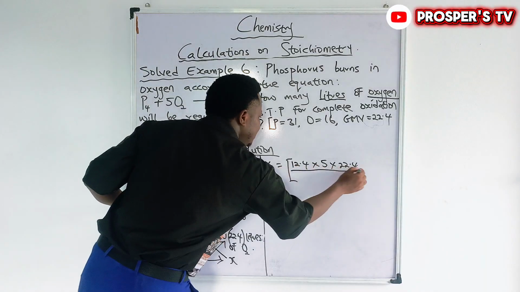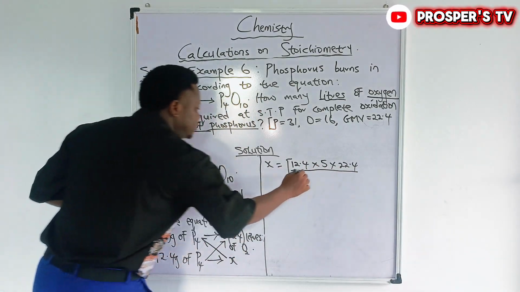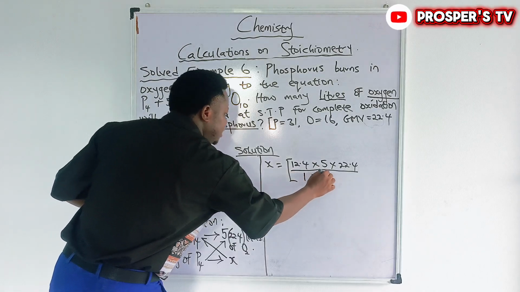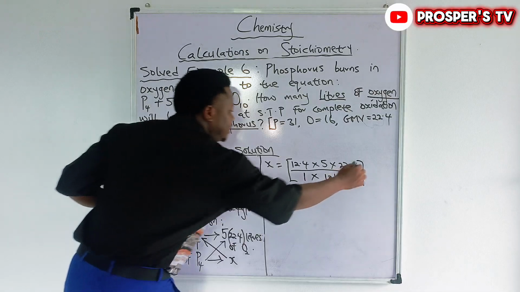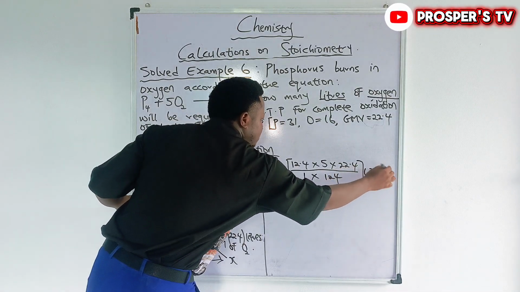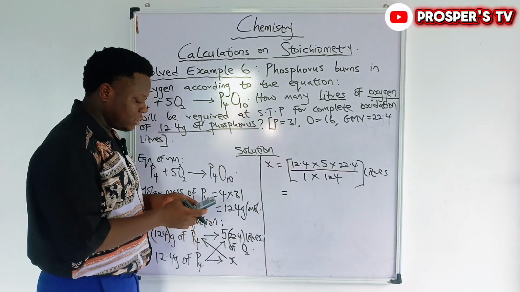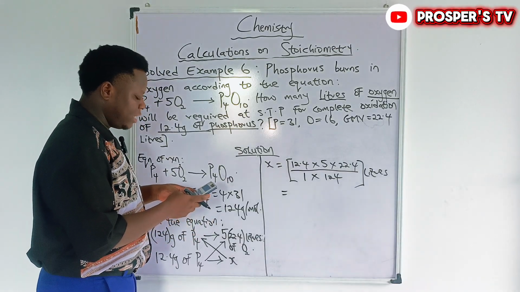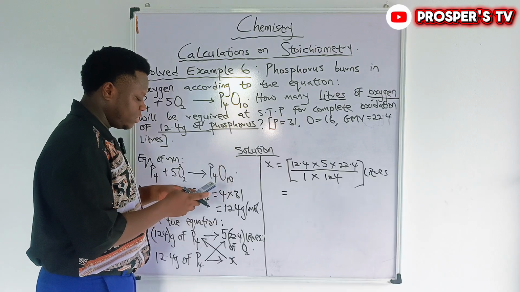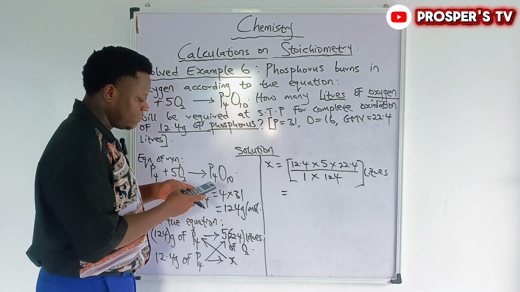So I'm going to be dividing with the numbers X is multiplying, which are 1 and 124. So X is liters, the volume is in liters. So you punch your calculator and then you have your answer. So 12.4 times 5 times 22.4 divided by 124.